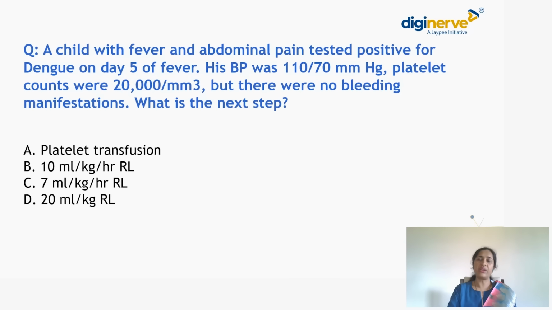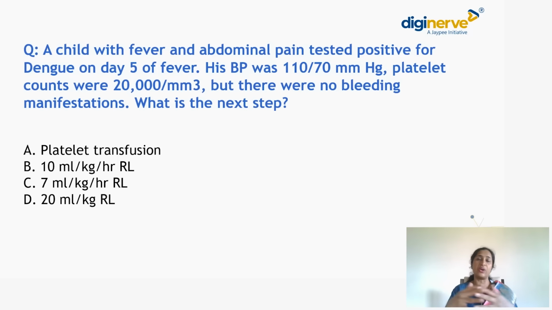So, when there are no bleeding manifestations in this child, ideally the next step will be to give only basic minimum fluids. Never overload fluid in dengue. Dengue is a condition which has capillary leak. You all remember that, no? The capillaries become leaky and the plasma fluid exudes out. This exudes into the pleural space, pericardial space, into the peritoneal space.